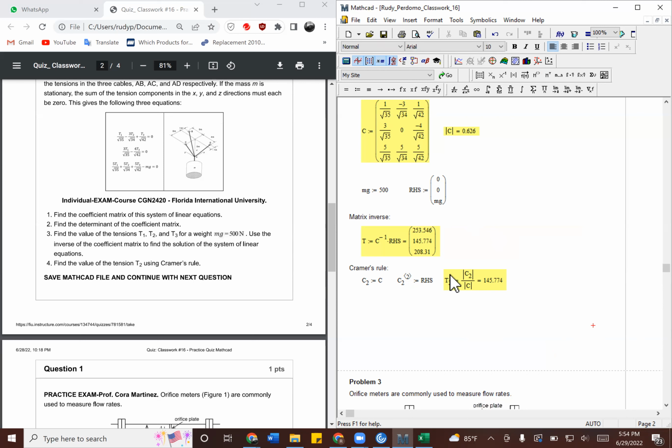So now to find T2, you find the determinant of the new matrix that you made here divided by the determinant of the original matrix, the coefficient matrix.